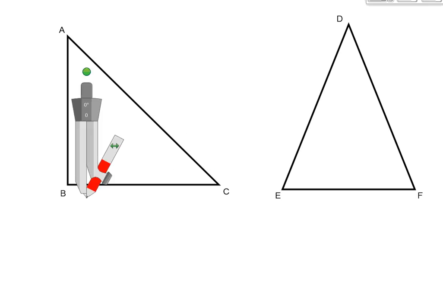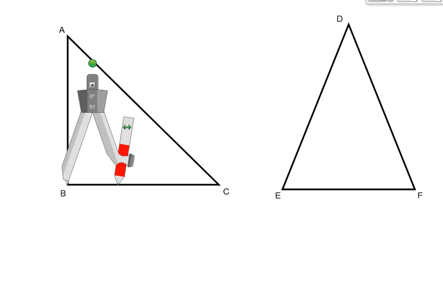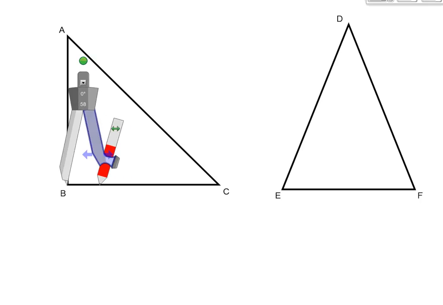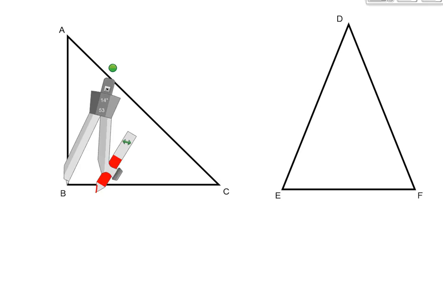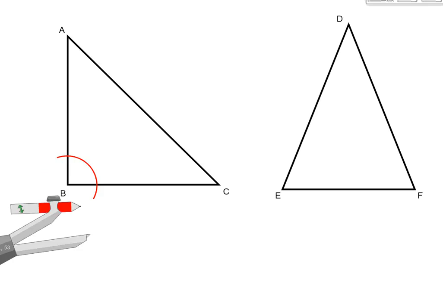So I'm going to go from point B here, and I'm going to put my point at point B. And we did this like at the end of chapter 1. And you need to strike an arc that hits angle B on each of its sides. So angle B has the 2 sides. So as long as it hits those 2 places right there, I'm good to go.